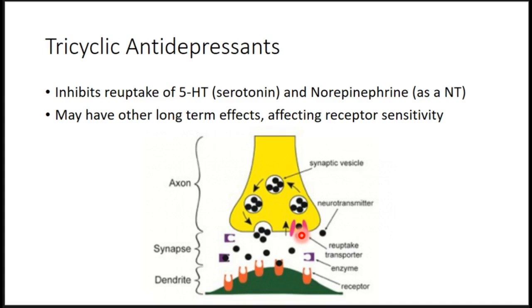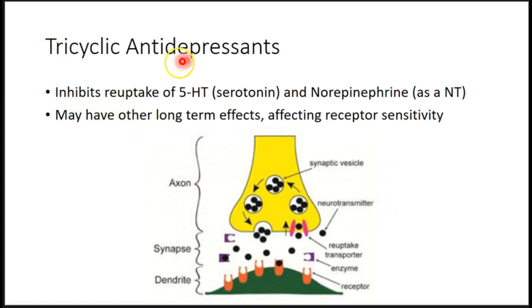So reuptake in and of itself is not a bad thing, but hypothetically, if we block that transporter, the way my cursor is blocking this transporter right here, then that neurotransmitter will stay in that synaptic cleft for a little bit longer. That's the idea with reuptake inhibitors.